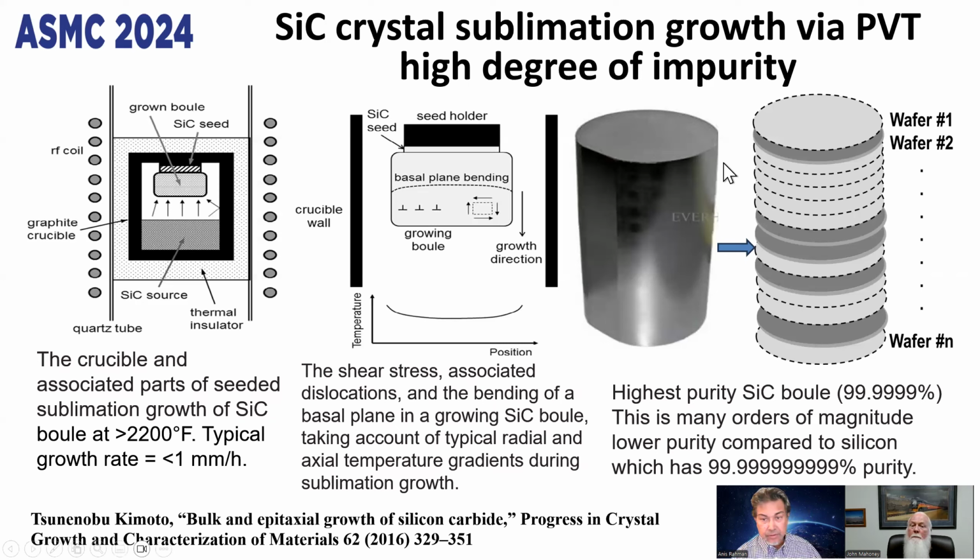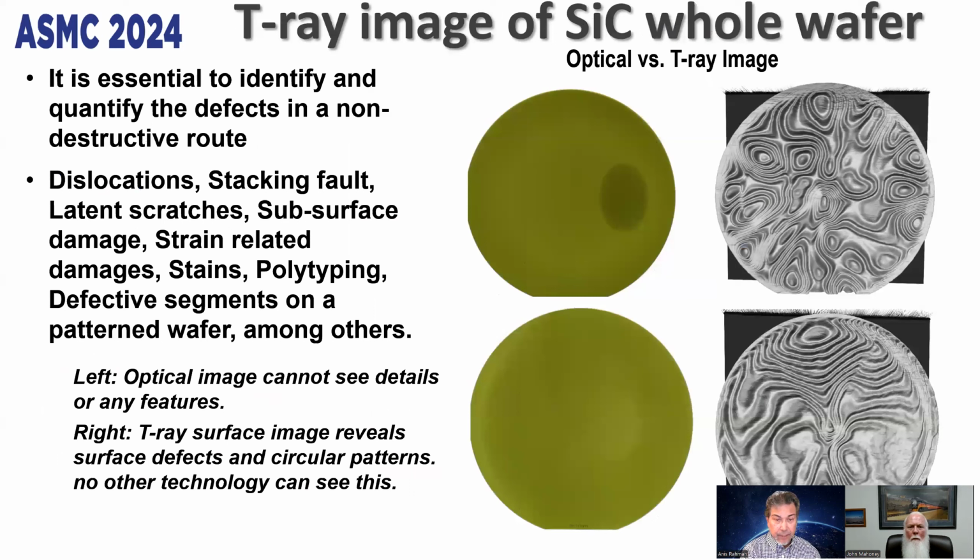But ultimately, when the boule is grown, it is sliced and the wafers are separated. So it is hoped that if they implement the cartridge heating instead of RF heating, the temperature fluctuation will be minimized. Nonetheless, as we will show, let's go to the next slide. As you can see, I have images of two silicon carbide wafers.